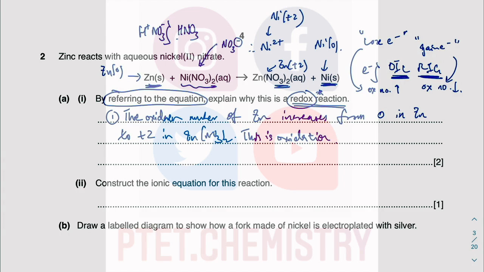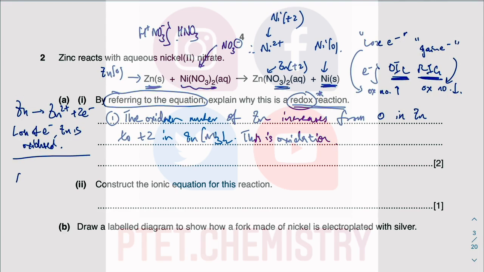You can also talk about when you go from Zn to Zn2 plus, you can write this equation. Loss of electrons, zinc is oxidized. It increased in oxidation number, loss of electrons, zinc is oxidized. The other equation will be nickel 2 plus plus 2 electrons gives you nickel.